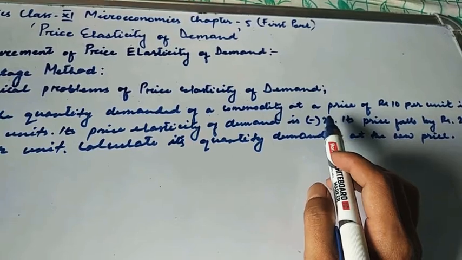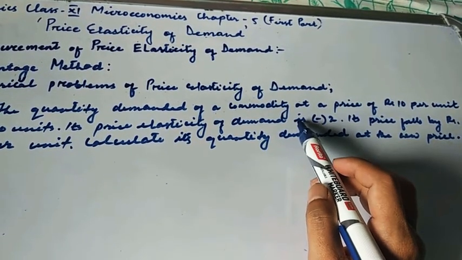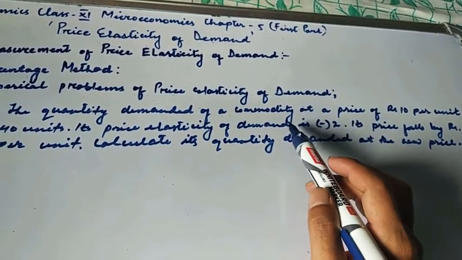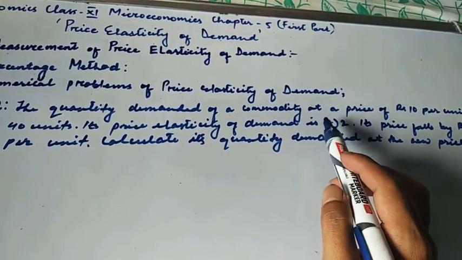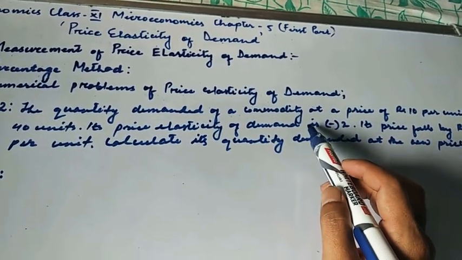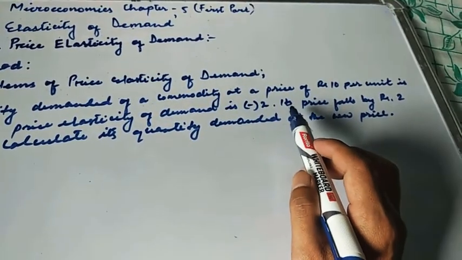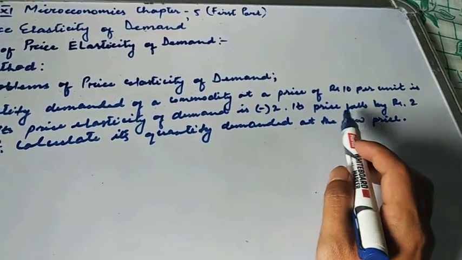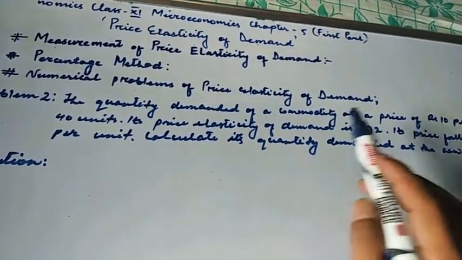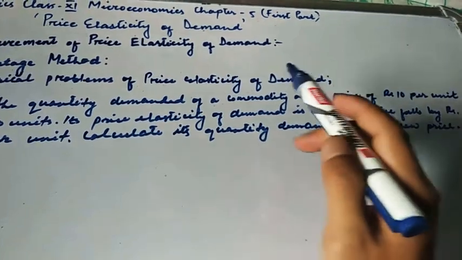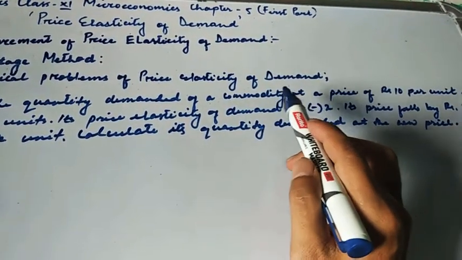Not always negative, but in the question it is given as negative here. The price falls by rupees 2 per unit. So this is the original question.